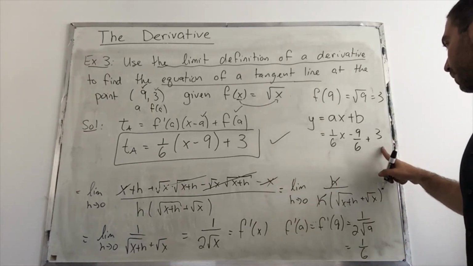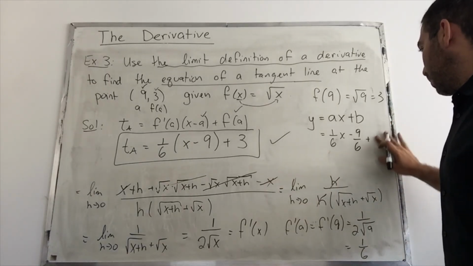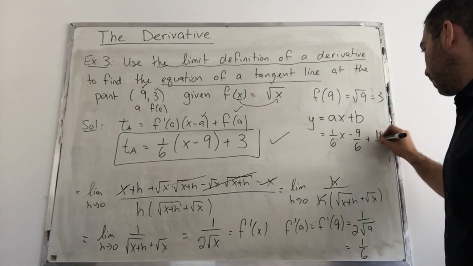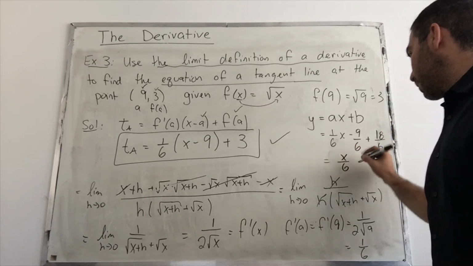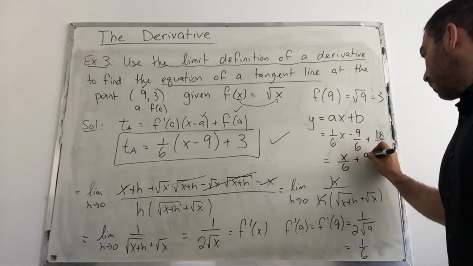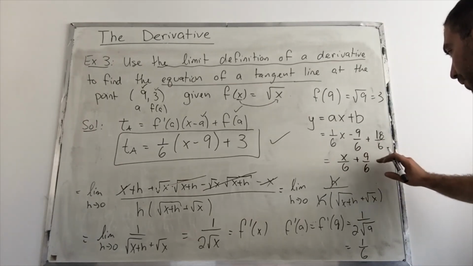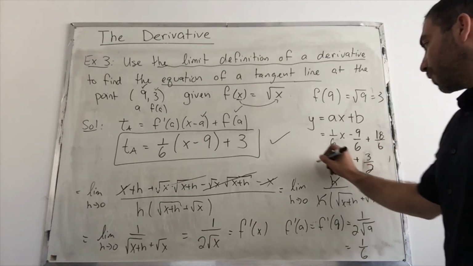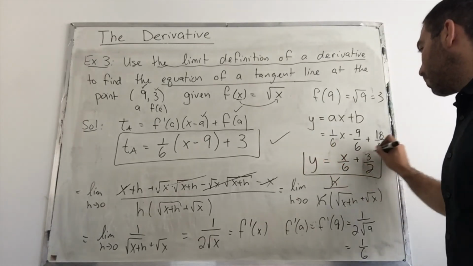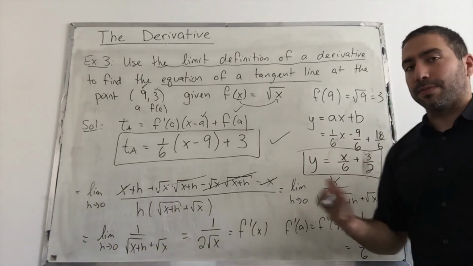Okay, so times this by 6. On top, you get 18 over 6. So you would have gotten x over 6 plus 9 over 6, which could be reduced, divided by 3, 3 over 2, plus 3 over 2. So if you got the answer on your own and you got y equals x over 6 plus 3 over 2, that's fine as well.